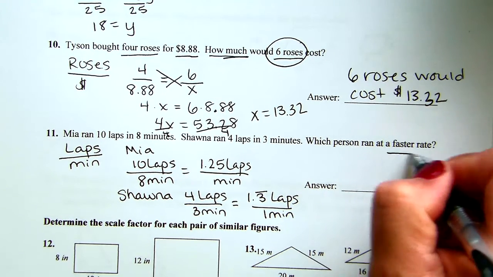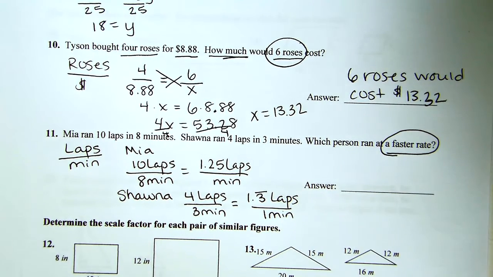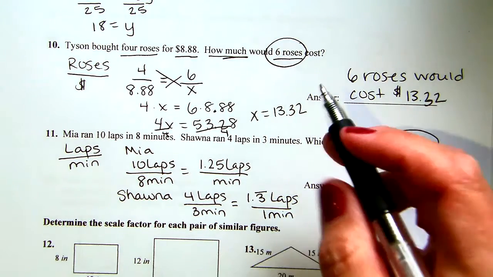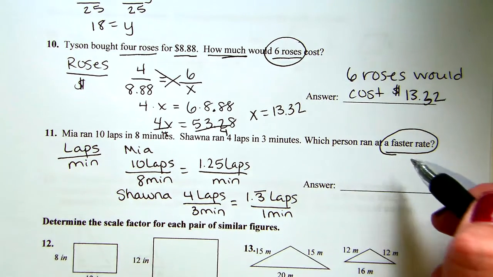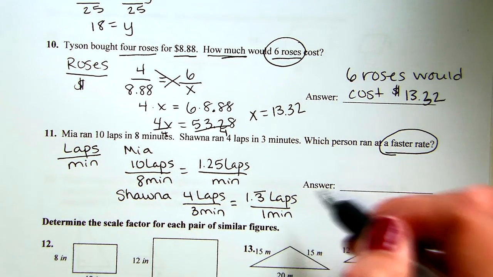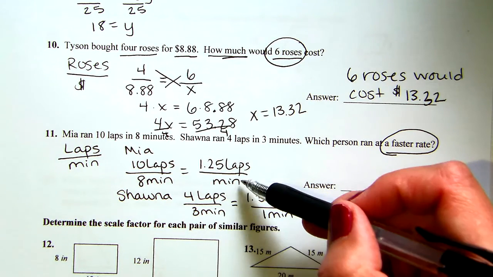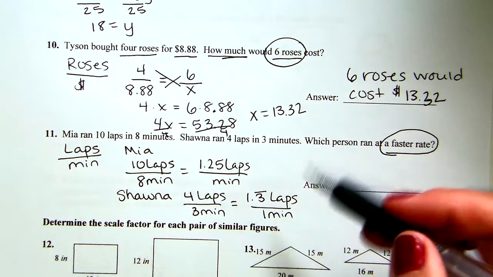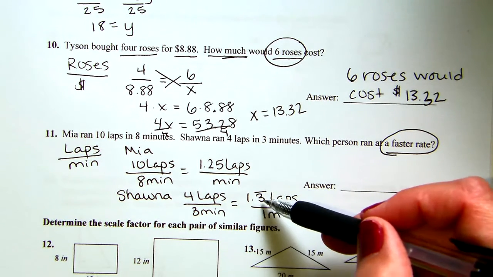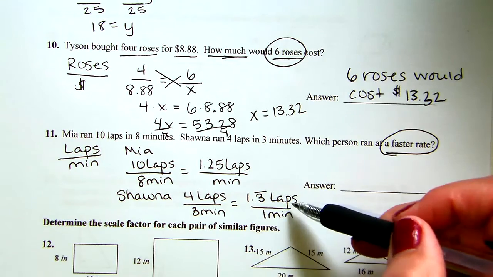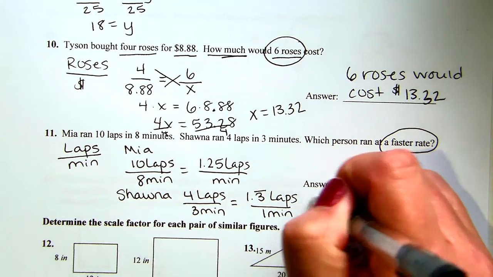So in this case, who ran at a faster rate? While Mia ran 1.25 laps in a minute, Shauna was able to complete 1.3 repeating, or 1 1/3 laps in a minute. That means that Shauna ran at the faster rate. So we're going to write Shauna ran at the faster rate.